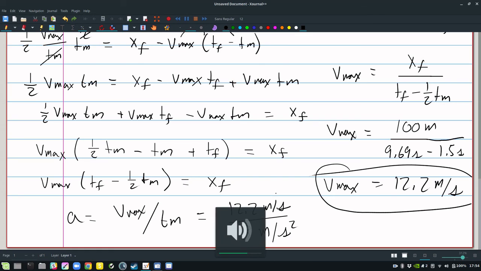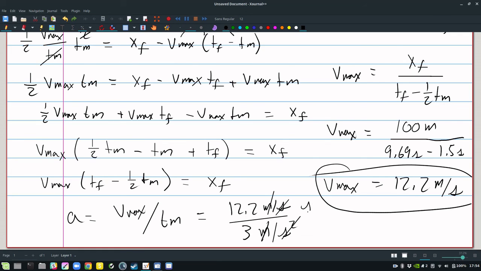So our overall units work out to be meters per second squared. 12 divided by 3 is 4, so I'll round to about 4 meters per second squared. So in other words, our v max is above 10 meters per second. It's about 12.2 meters per second, and then the acceleration is about 4 meters per second squared, slightly higher.